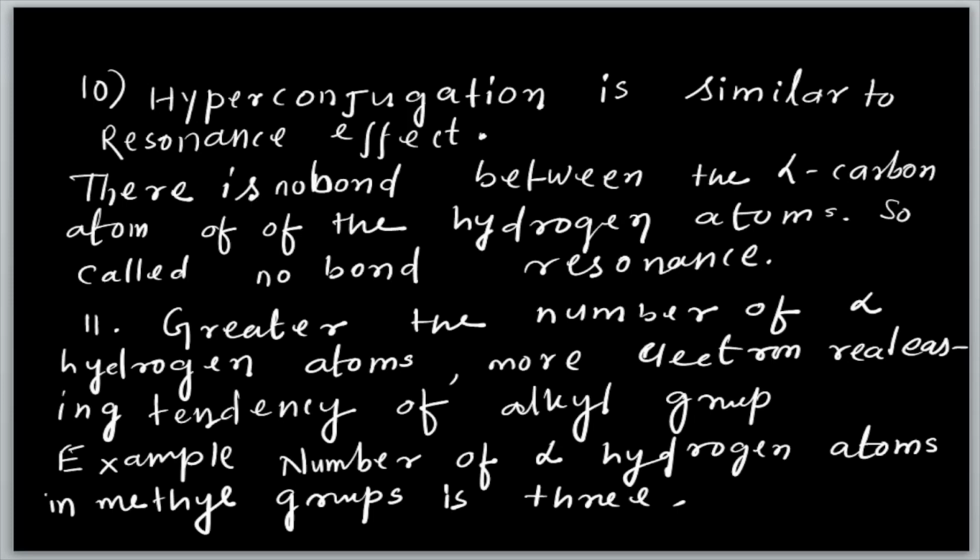Greater the number of alpha hydrogen atoms, the greater the tendency. Suppose 3 alpha hydrogens in methyl; in ethyl, how many? 5 alpha hydrogens are present, I said. So which has more releasing tendency? Ethyl group, I said. Example: the number of alpha hydrogen atoms in the methyl group is 3.